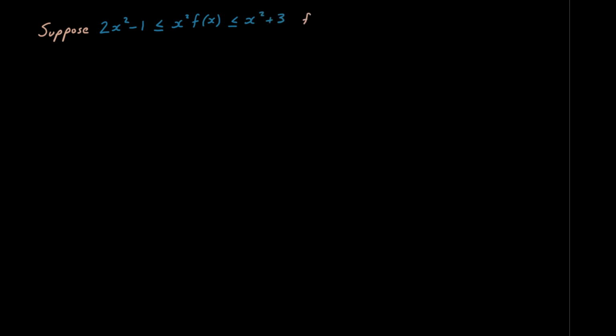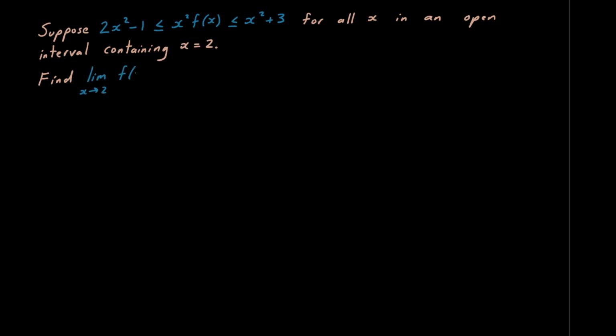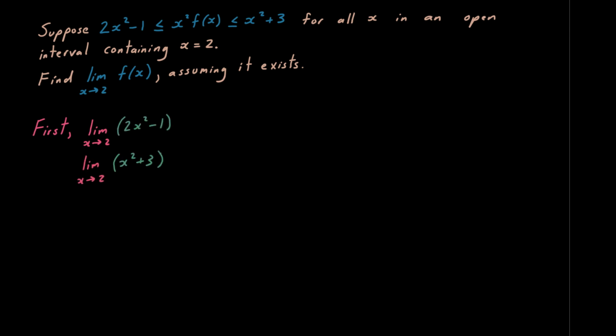Suppose I know this is always true for all x in an open interval containing, say, x equals 2. So I have my sandwich, and blue is my sandwich inequality. With that in mind, find the limit as x approaches 2 of just plain old f, assuming it exists. Well, notice the middle piece isn't f like the last problem, it's x squared times f. So what do we do here? Well, no worries, just treat this like usual.